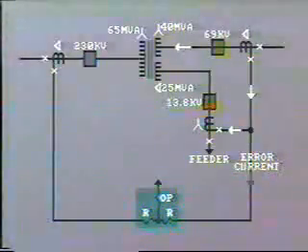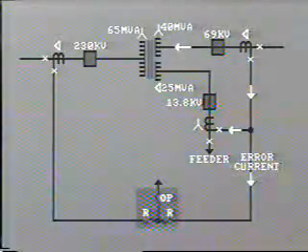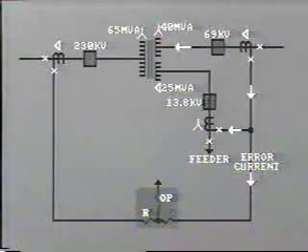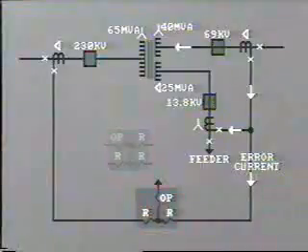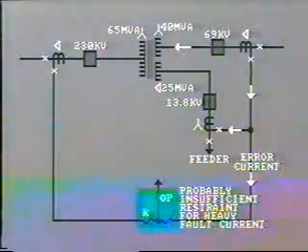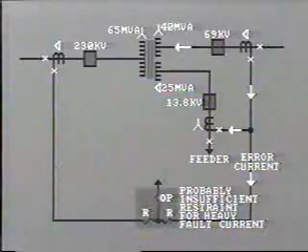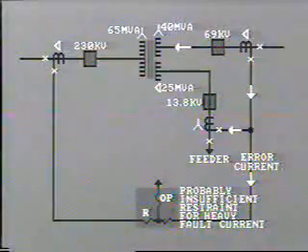But as we know, there is always some error current, and this would pass through one restraint coil and then through the operating coil. In fact, now we have only one restraint instead of the previous 3. This would probably be insufficient, especially for a heavy through fault on the transformer. Hence, the reliability of the protection would be considerably reduced.